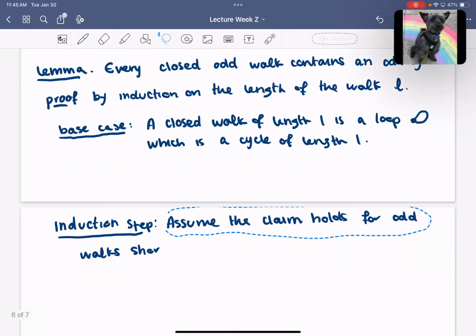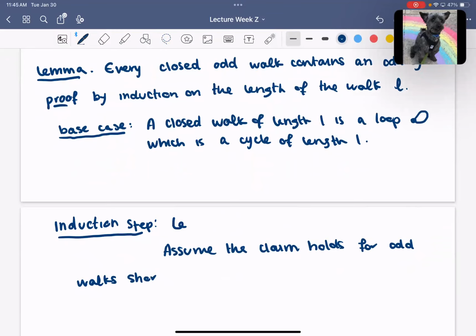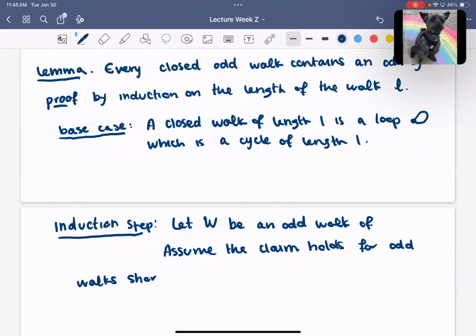So let's let W be an odd walk of length L, which is strictly greater than 1.